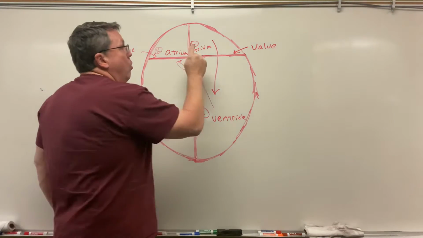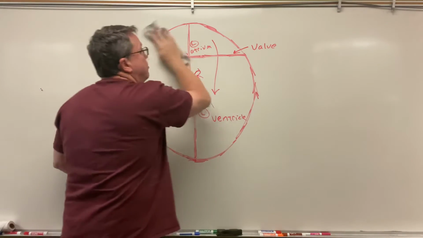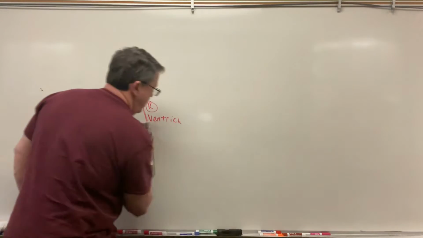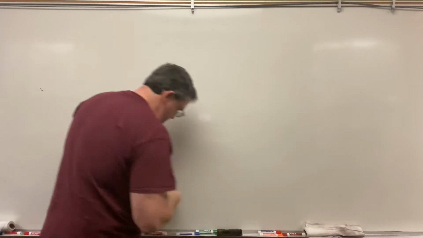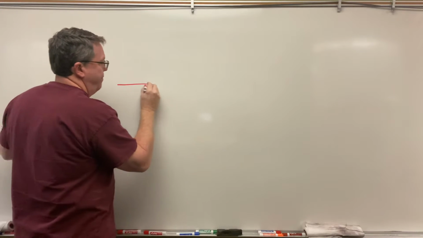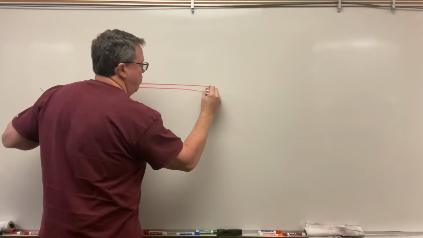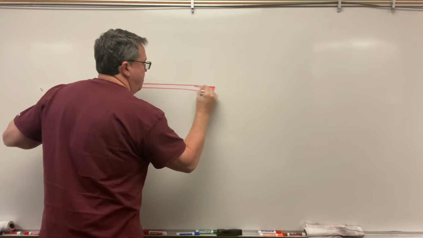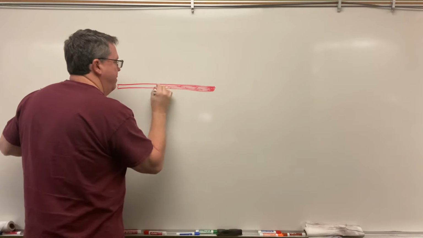So we're going to redraw this real quick. All right, so let's redraw this valve, and let's talk a little bit more about the endocardium. So if I go like this now, here's my valve. And like I said, the one on the left-hand side is basically made up of 2 parts. The one on the right-hand side is made up of 3 parts.